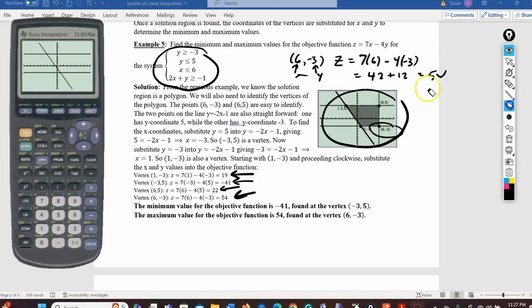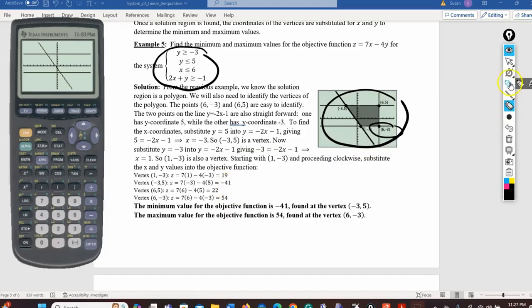Now, if you're asked for minimum and maximum, we can see that we have a maximum of 54, and it's found at the vertex 6, -3. And we can see what our minimum value is. Minimum value is -41, and it's found at the vertex -3, 5.